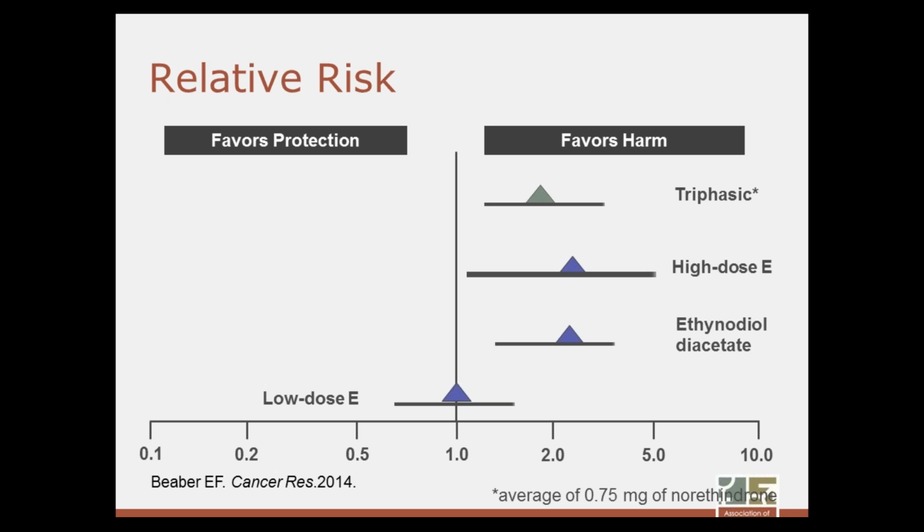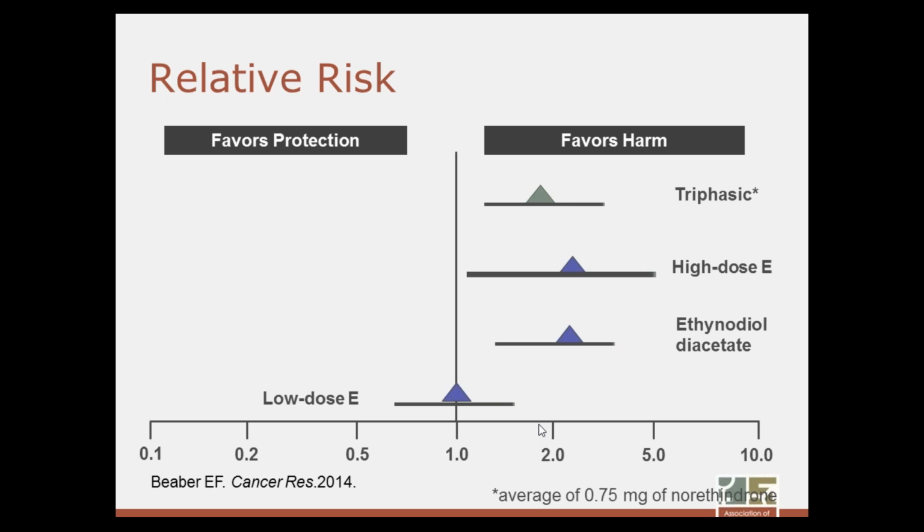However, because the study was looking at pharmacy records, they were able to see the specific formulation that women were using. And as you can see, the low-dose estrogen pills that most of us are prescribing as our default have a relative risk of 1, meaning there was no difference. So it's likely that the formulation plays an important role here.